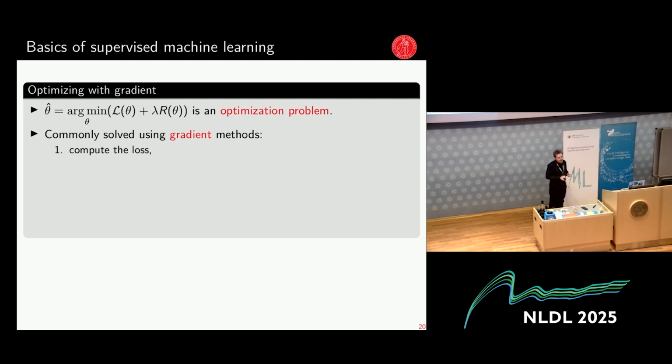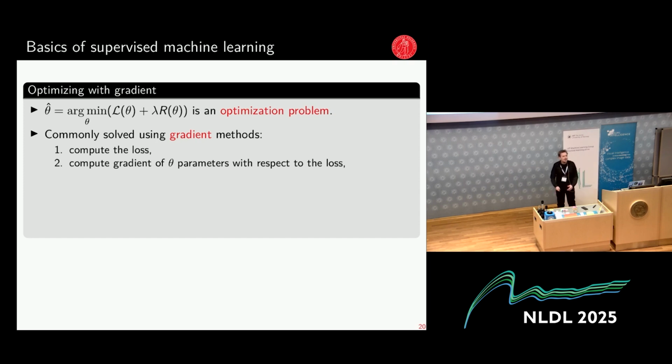So the gradient methods, of course, we do not have time to cover in great detail today, and some of you probably already know about stochastic gradient descent, etc. So we don't want to repeat it too much.